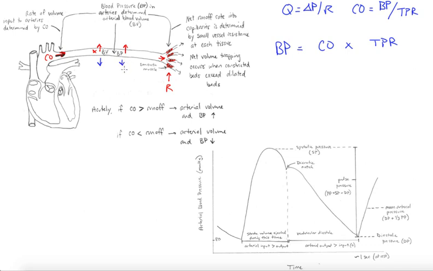Well, that is exactly the scenario we see during a given cardiac cycle. So if we come down here, we look at our single cardiac cycle, or maybe a little bit more than one cardiac cycle, we see our arterial pressure falling.